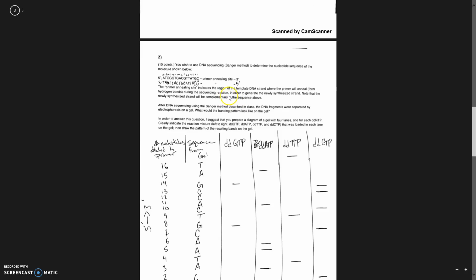Then on number 2, you wish to use DNA sequencing using the Sanger method to determine the nucleotide sequence of the molecule shown below. Basically, the idea is the primer is going to anneal in the opposite direction.